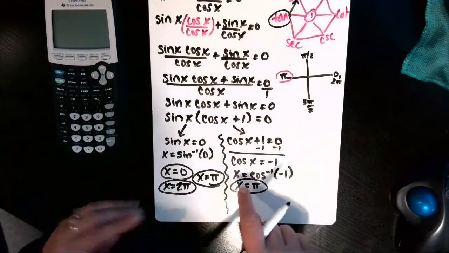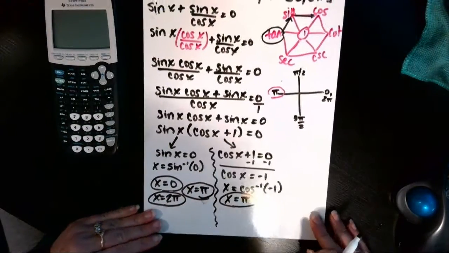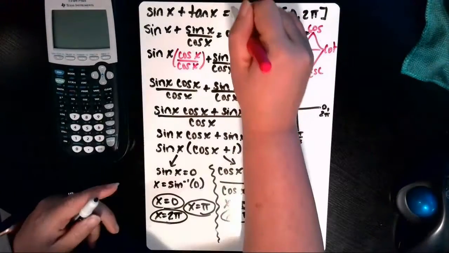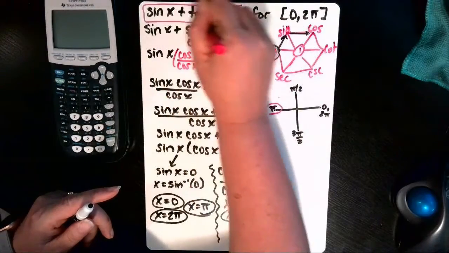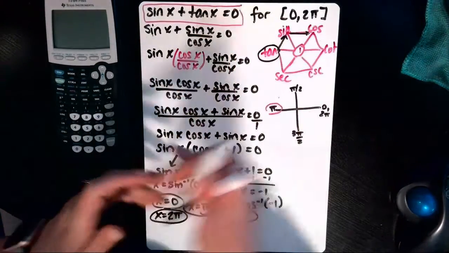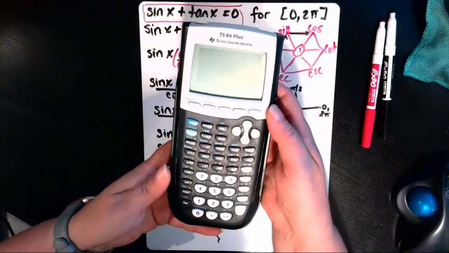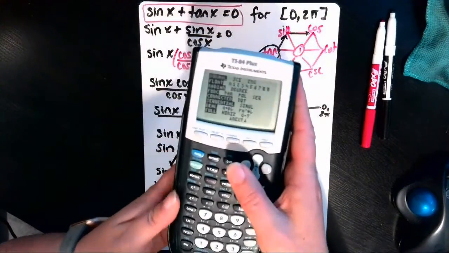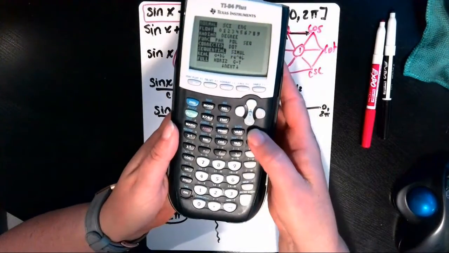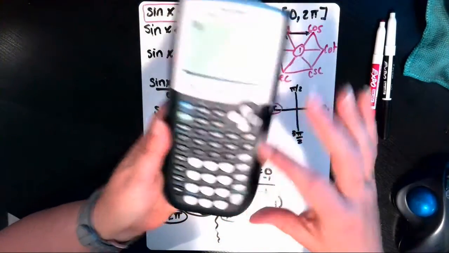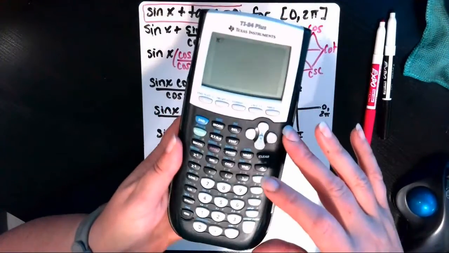So now we need to go ahead and check these answers in our original, which was right up here. So we're going to go into the graphing calculator next. And we want to first make sure that we're in radian mode. So check that mode. And then we're going to store pi as the x value.